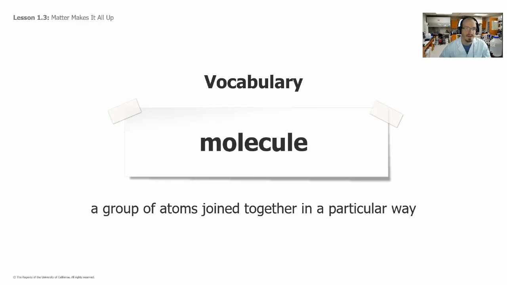And then we also learned already what matter is made of. A molecule is a group of atoms that are joined together in a particular way. And molecules are tiny, tiny bits of matter that are too small to see. So molecules are made up of atoms, and all matter is made up of these molecules.